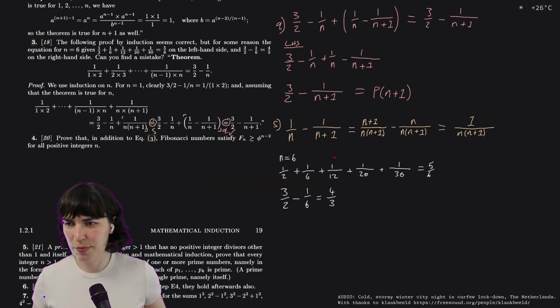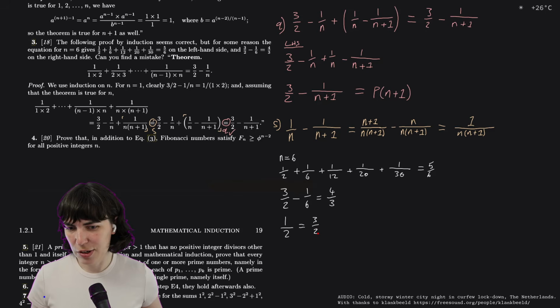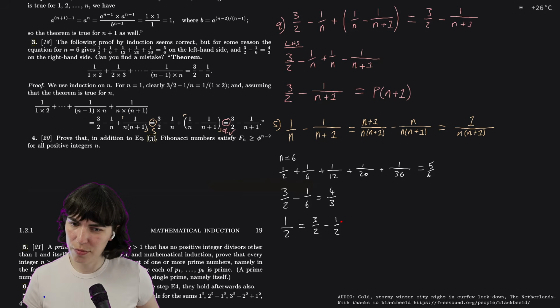So if n equals 1, then we've got one over 2, and we're saying this is equal to 3 over 2 minus 1 over 1.